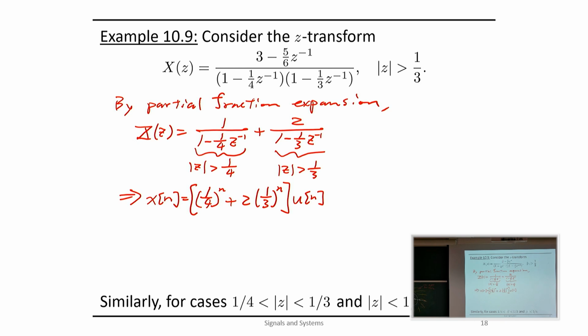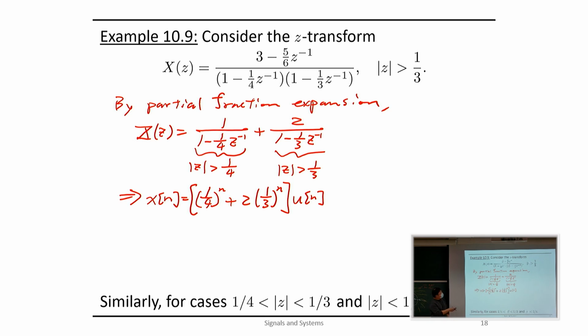Now this is for the case when the region of convergence is the exterior of a circle. Both of these terms have ROCs that are exteriors of a circle, and therefore x of n corresponds to a right-sided sequence.